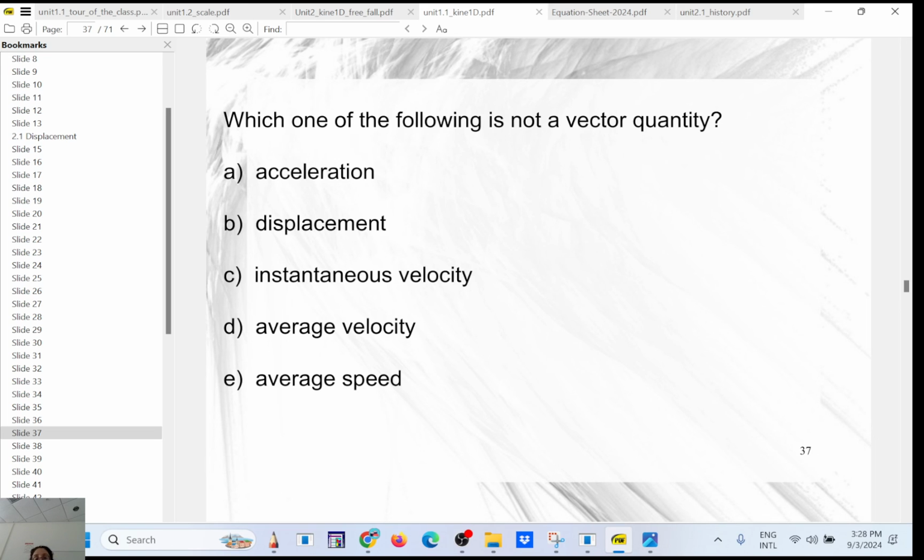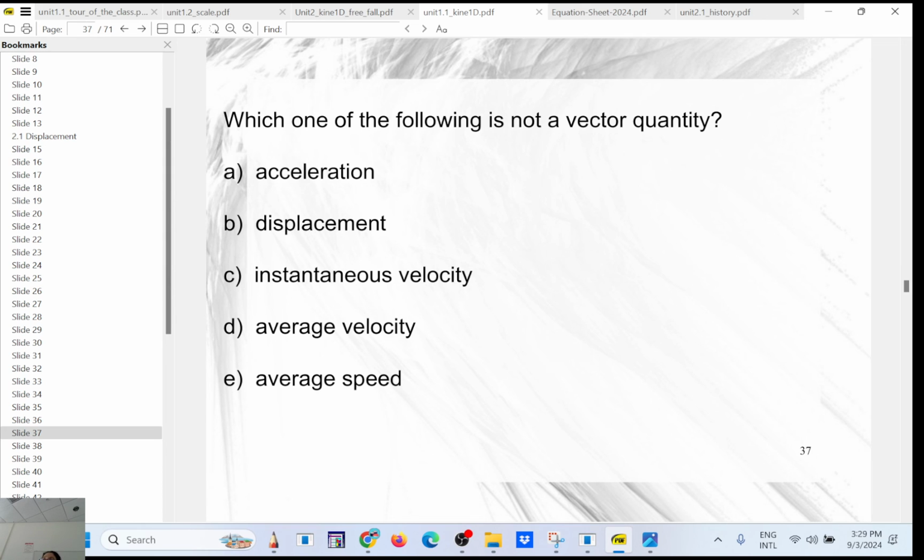Which one is not a vector quantity? B is a vector quantity because it's a displacement. Average speed is a scalar. Speed is a scalar.